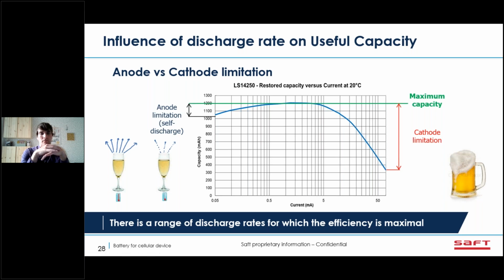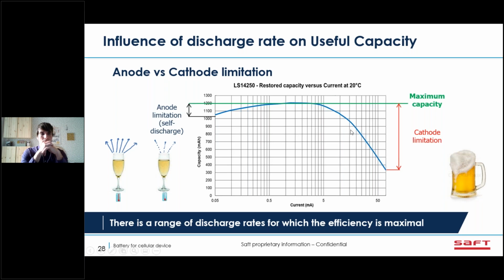continuous discharge. If you go to an extremely low discharge rate, you have what we call the anode limitation, which is due to the self-discharge. The phenomenon is exactly the same as the evaporation of the water in a lake when it's hot outside. So you will consume the energy of the battery more by its own self-discharge, by evaporation, than by the current from the application.